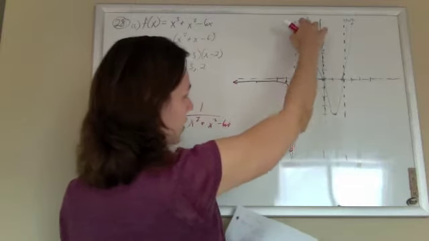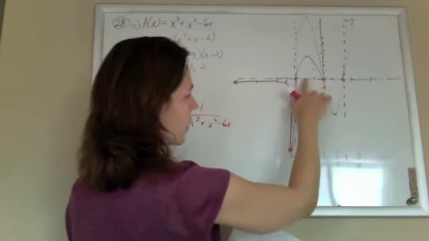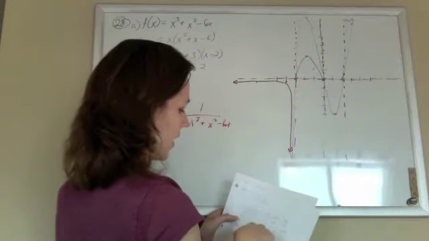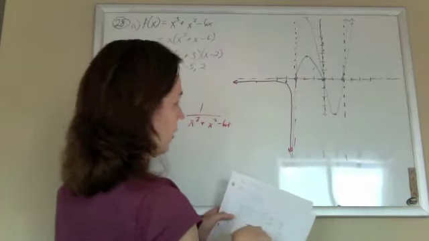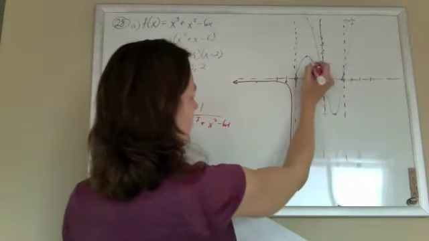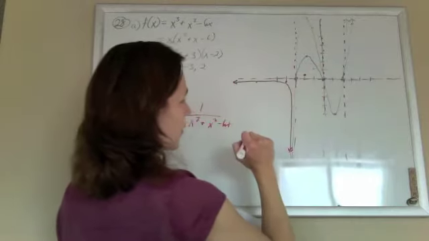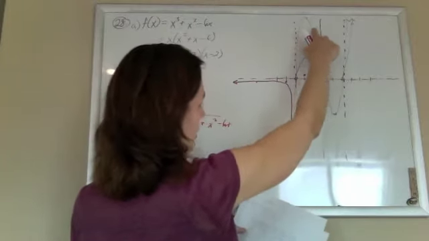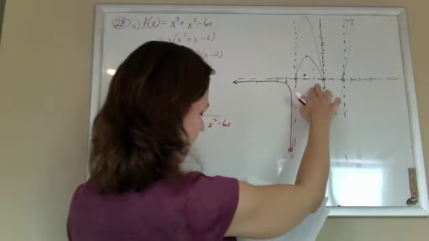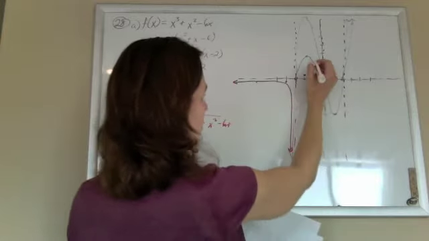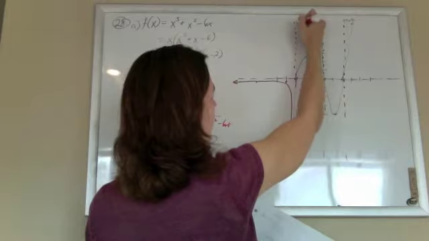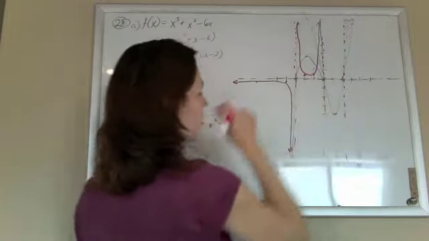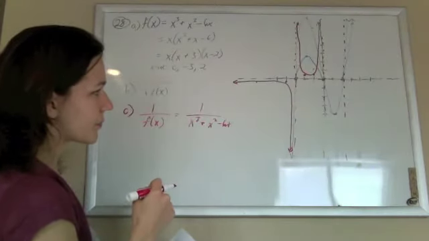So when I plugged in a -2 for the x, I got 8 for the y, and 1 over 8 is an 1/8. So I've got a point down there. When I plugged in a -1, I got 6 for the y, so I have 1/6. And what this ends up doing is kind of going something like that, following those asymptotes there.